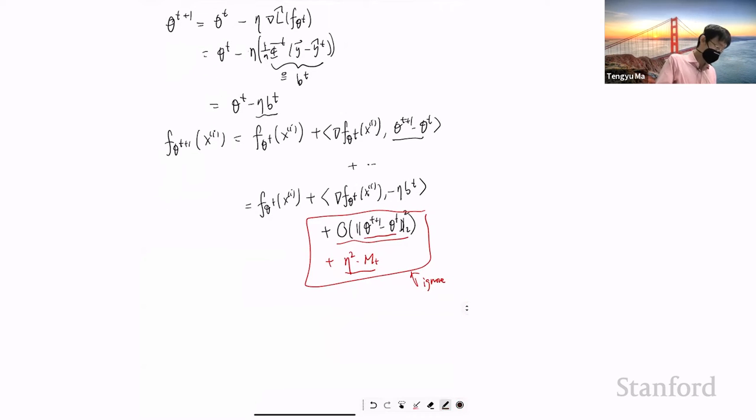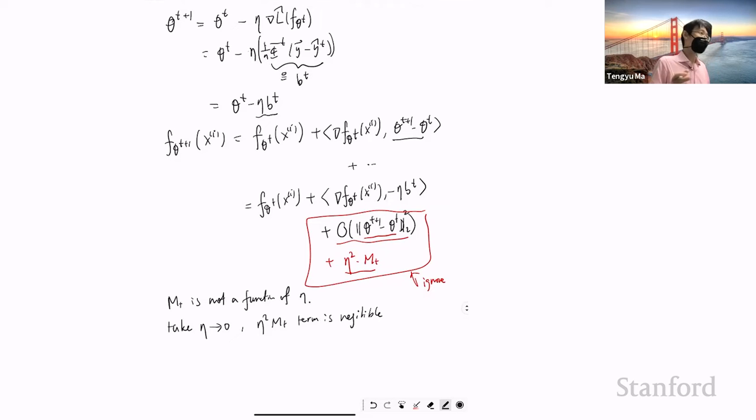Basically, what I'm going to say is that mt, the constant, is not a function of eta. If you fix everything else and take eta to go to 0, then the second order term, the eta squared mt term, is negligible.